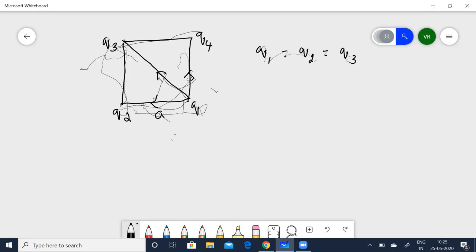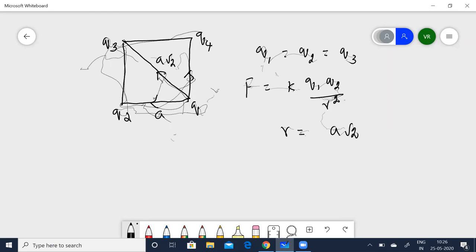Now you know F is equal to K times Q1 Q2 by R squared. The distance is now going to be the diagonal. The diagonal of a square, you know, is a root 2. So r is equal to a root 2.